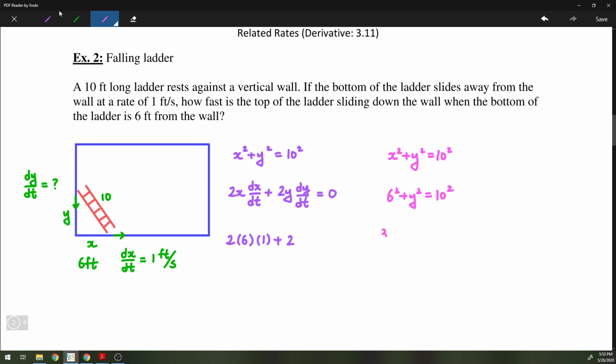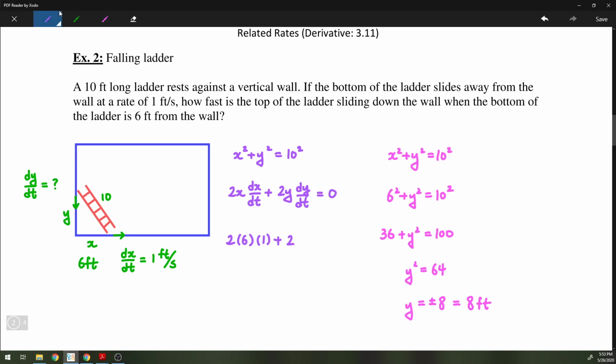So this would be 36 plus y squared equals 100, which of course means that y squared is equal to 64, and y is equal to plus or minus 8. But for us, it will be plus 8 because the ladder is up 8 meters from the corner. Oh, sorry, 8 feet.